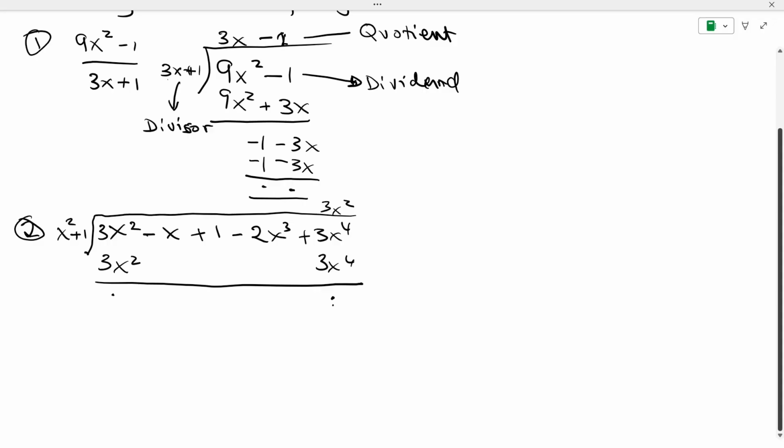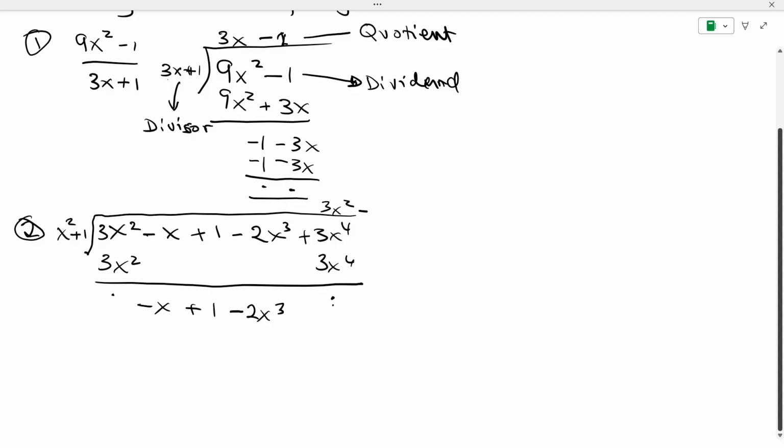and between 3x to the power 4 and 3x to the power 4, we get 0, and we remain with minus x plus 1 minus 2x cubed. So we now look for a factor which, when multiplied by x squared, will give us minus 2x cubed.